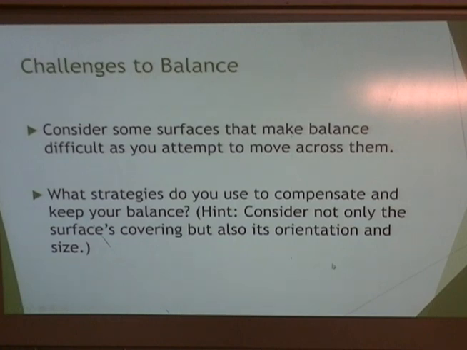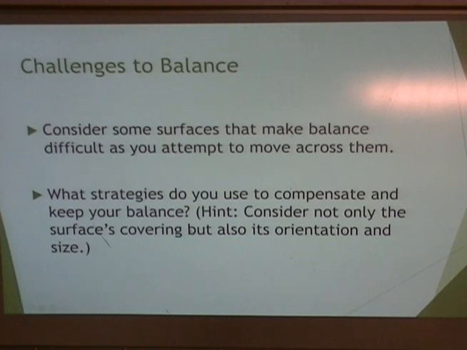So think about some surfaces that might make balance difficult for you, or perhaps if you have grandparents, what surfaces would make balance difficult for older individuals? And then what do you do if you trip or you slip?